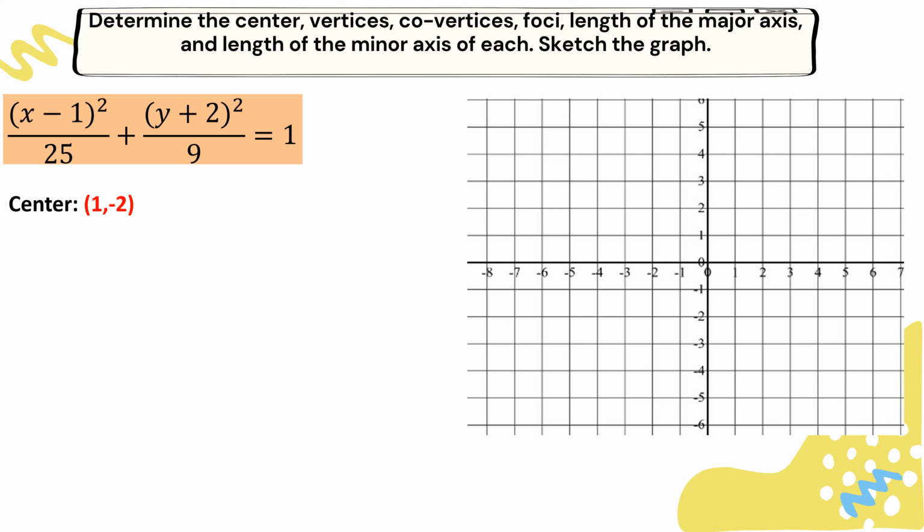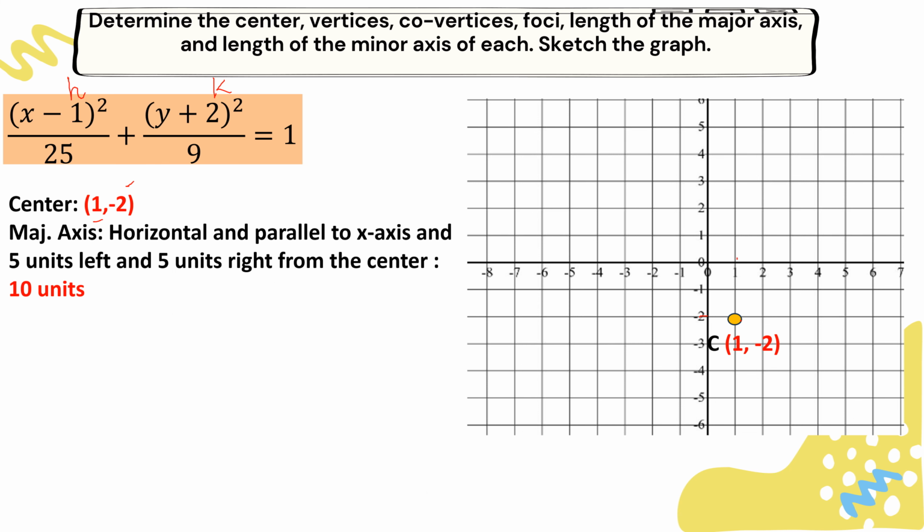Again, for the center of the given equation, if we label this as H and this as K, our center will be the additive inverse of negative 1, which is positive 1, while positive 2 becomes negative 2. Plotting, x is 1, y is negative 2.